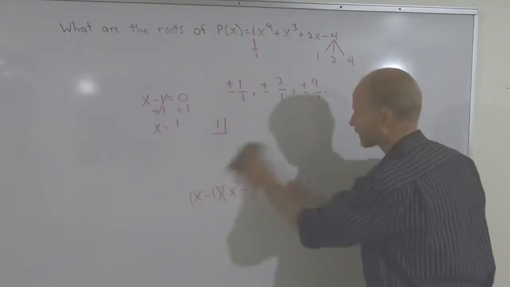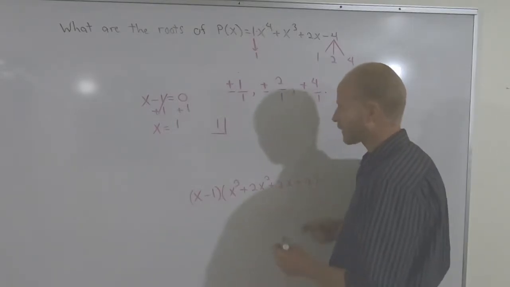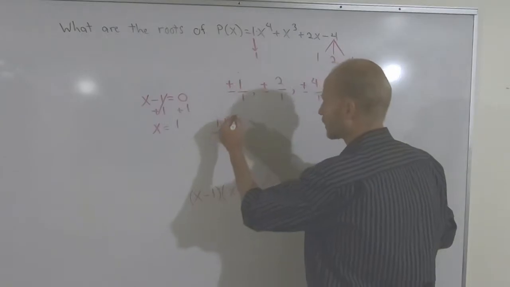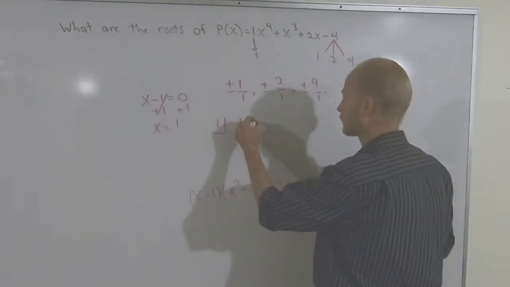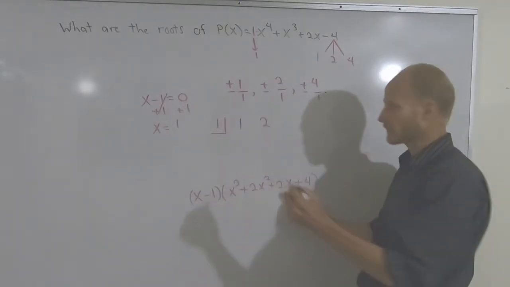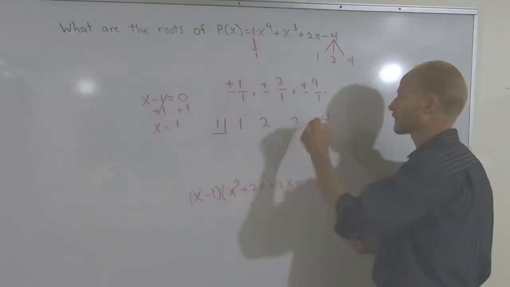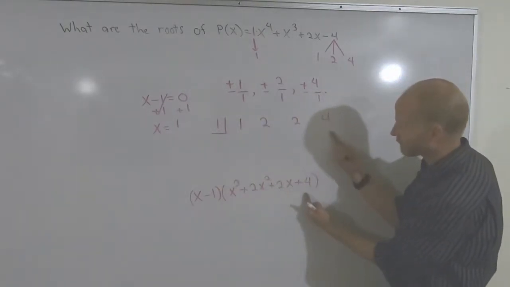Let's just rewrite our synthetic division setup, again using the coefficients of our quotient, the thing that came out of our synthetic division. So we have 1x cubed plus 2x squared plus 2x plus 4. So I've got a positive 1, a positive 2, another positive 2, and a positive 4.